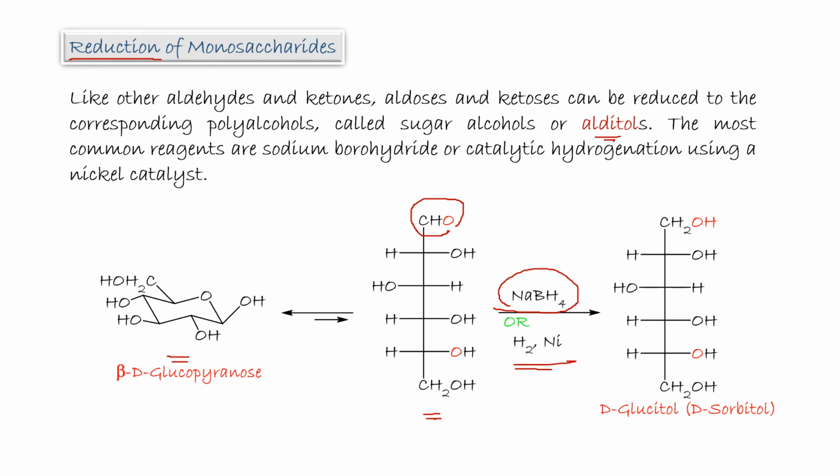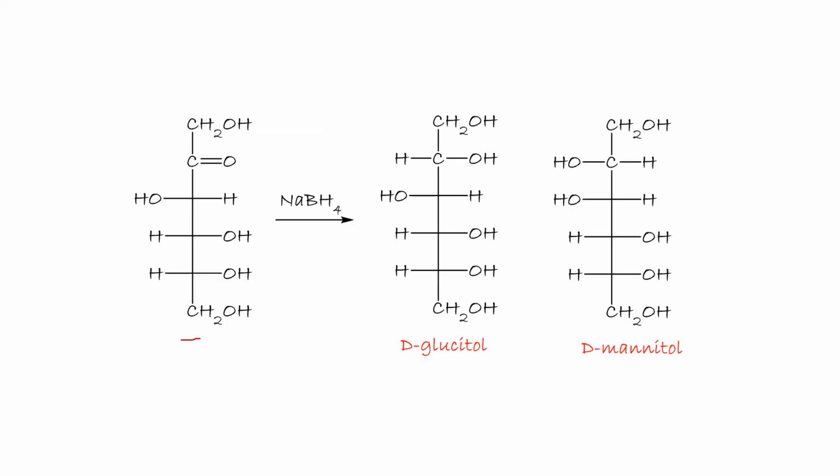So glucose will be reduced in its open structure to glucitol or sorbitol. On the other hand, D-fructose will be reduced by sodium borohydride to a mixture of glucitol and mannitol. Here we have a ketonic function, which can be reduced with the OH on that way or on the other, left-hand side.